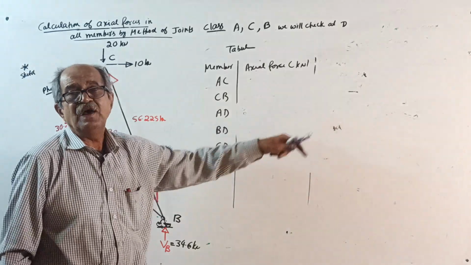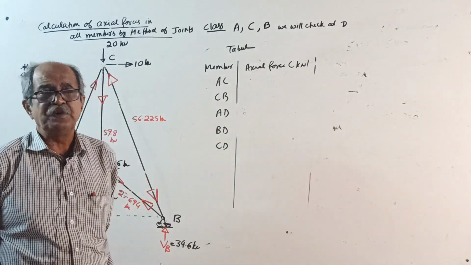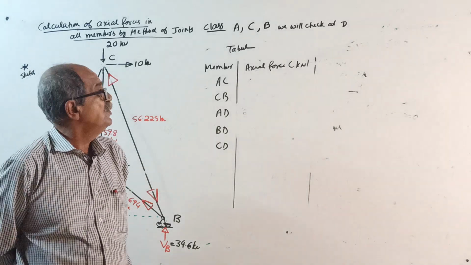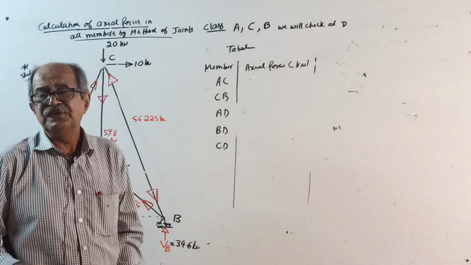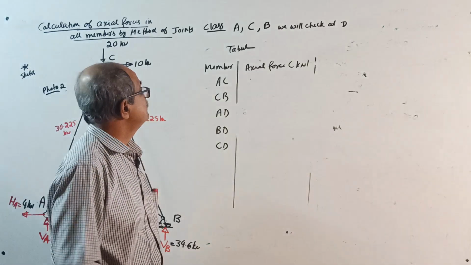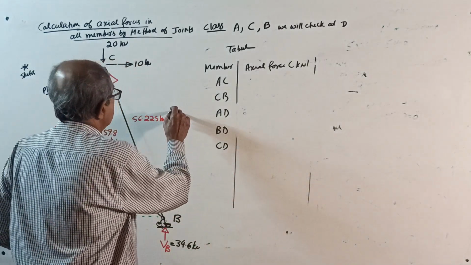No, nature is not there. Or, suppose they ask you to tabulate taking compression positive, wherever compression comes, put plus, wherever tension comes, put minus. Okay. This will complete the question now.